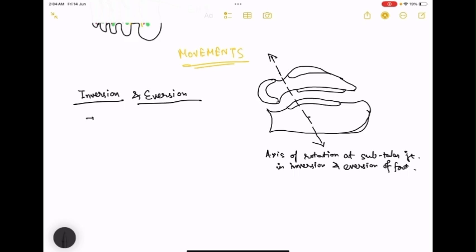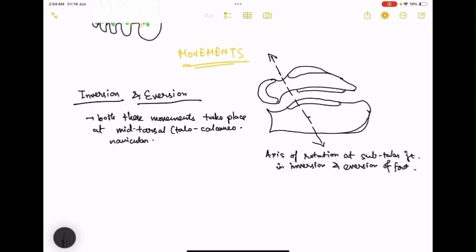okay, both these movements take place at the mid-tarsal, talocalcaneonavicular and calcaneocuboid, and subtalar joints, and consist of two components.